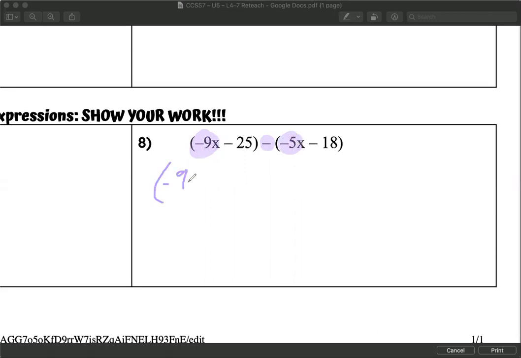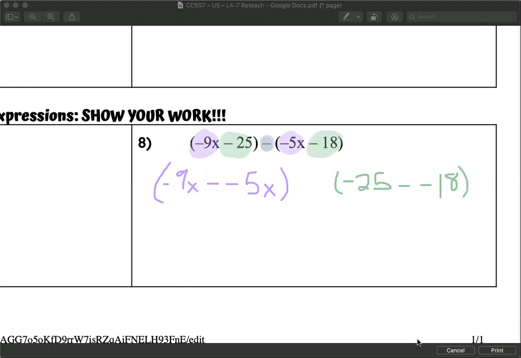Negative 9x minus a negative 5x. We are also doing this with our constants. So I have negative 25 minus a negative 18. So negative 25 minus negative 18. Let's combine these.